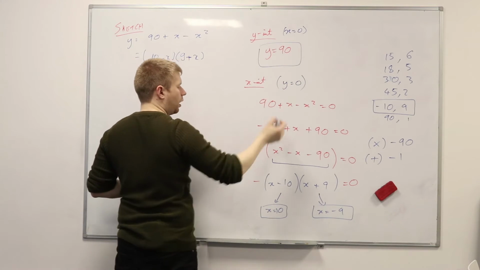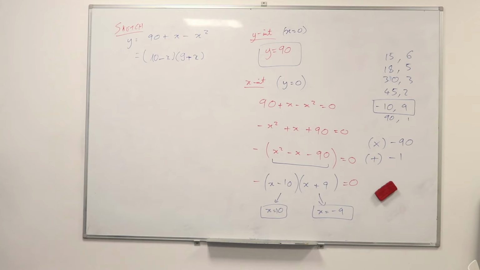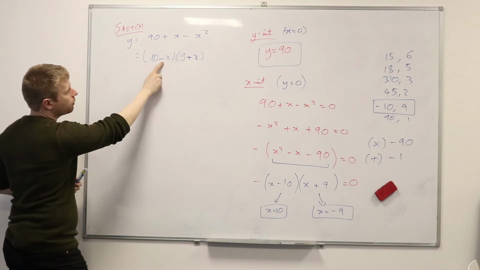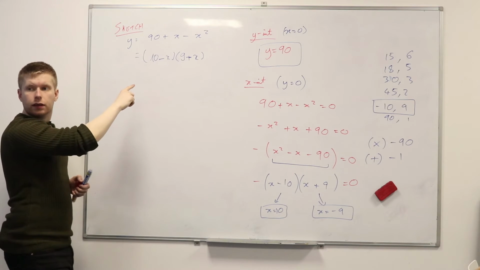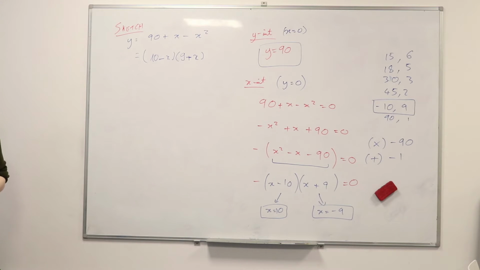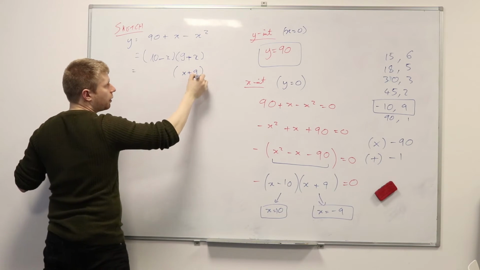But it's kind of different from the x-intercepts. It's 10 minus x, because the minus is out. So if I factorize a negative from this, you're going to get x take away 10. We're still going to have x plus 9, same as we had before.